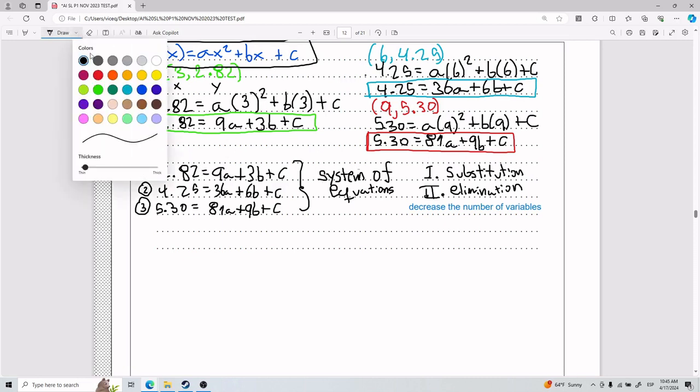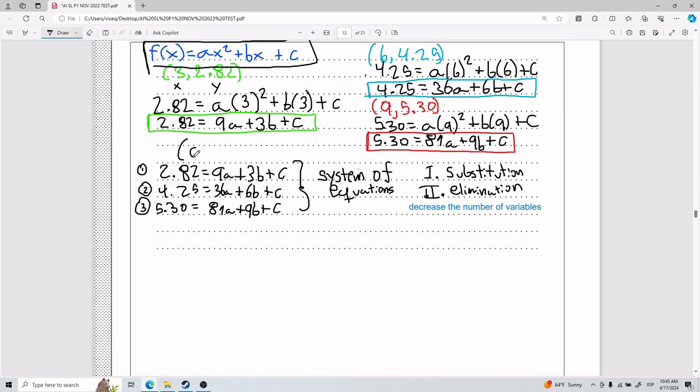For all 3 of these, you have a, b, c. So you have 3 variables in your starting point. But the moment you use substitution or elimination, you're going to see we go from 3 to 2. And that is the magic of a system of equations. That is the cool thing about it, if there's anything cool about math.